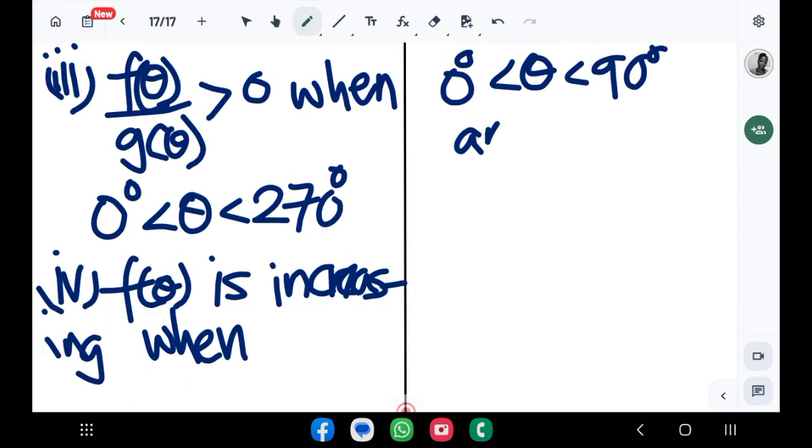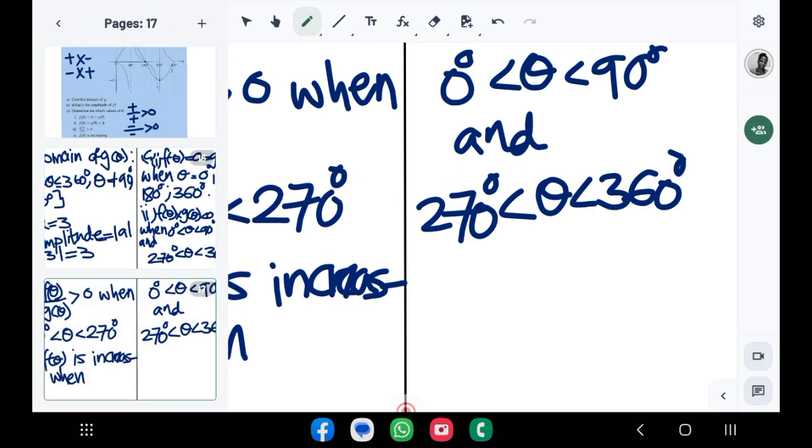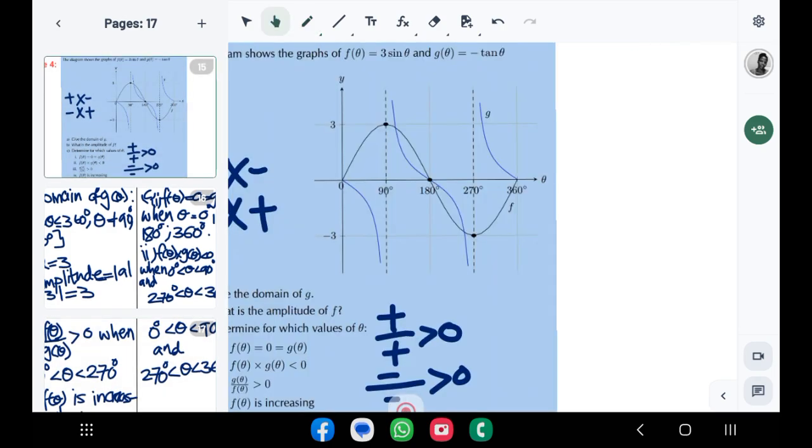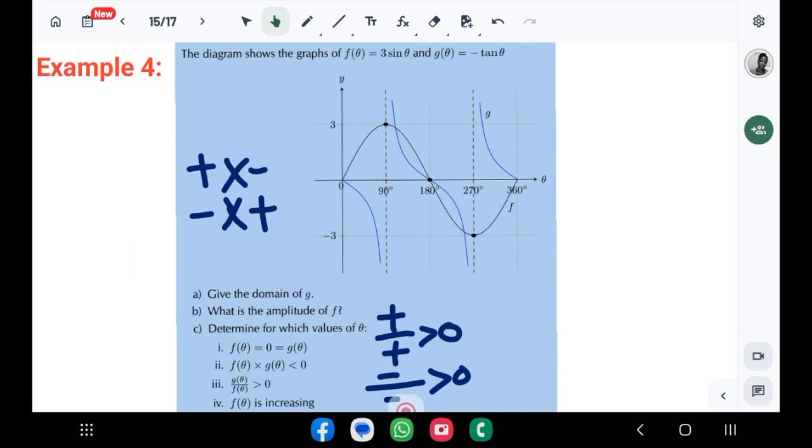Let's just confirm that. Correct. And that is how you interpret the graphs.